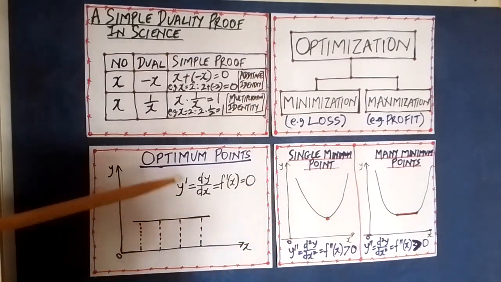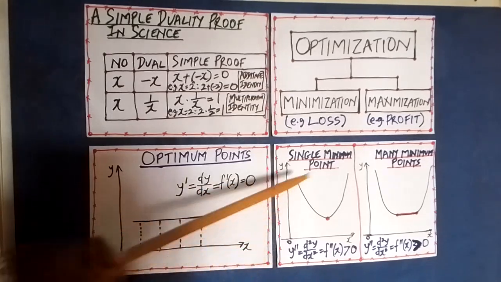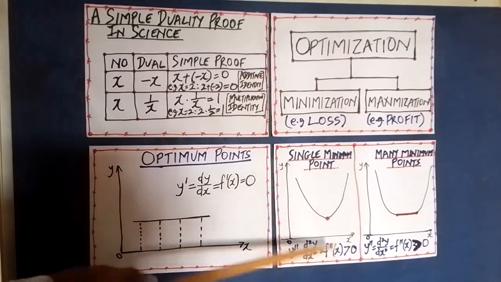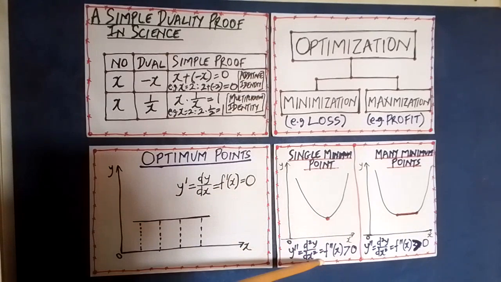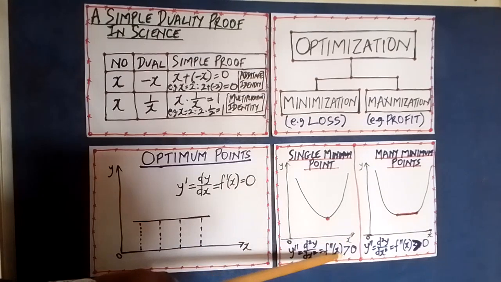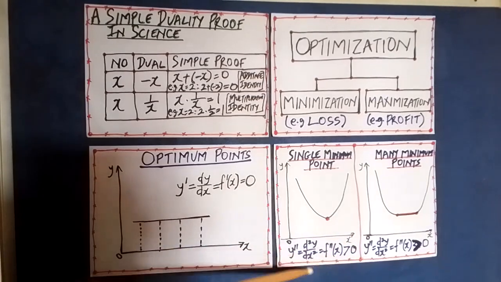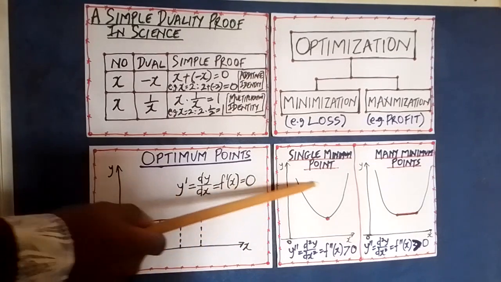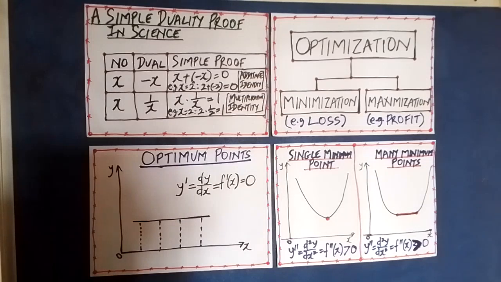And as a mathematical principle, for the minimum point, your d²y/dx², which is y double prime, must be greater than 0. That is the basic principle with respect to the minimum point.